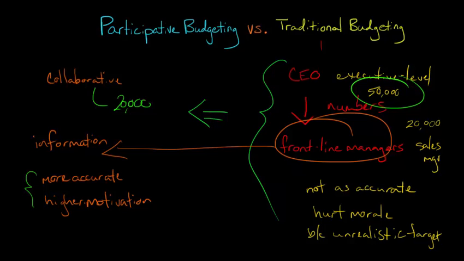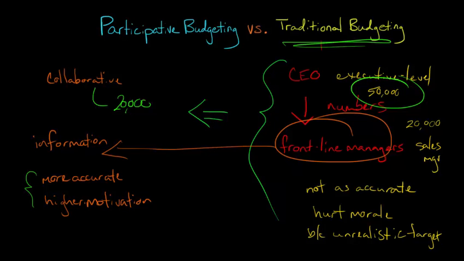And you might say, well, why aren't all organizations adopting this participative budgeting method? Why is traditional budgeting still around? Because in fact, traditional budgeting is still very, very popular. This idea of setting targets or just profit targets and saying meet this or otherwise you're going to have a problem. So it just seems weird.